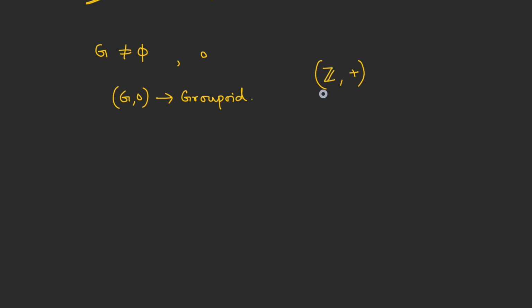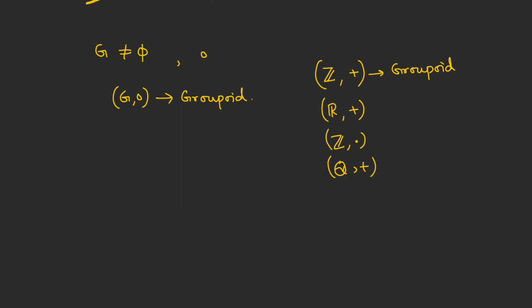Obviously this forms a system, and this system (Z, +) is a groupoid. Similarly, R, the set of real numbers, with addition is also a groupoid. Or you can write (Z, ·), which is also a groupoid. The set of rational numbers Q with addition is also a groupoid.